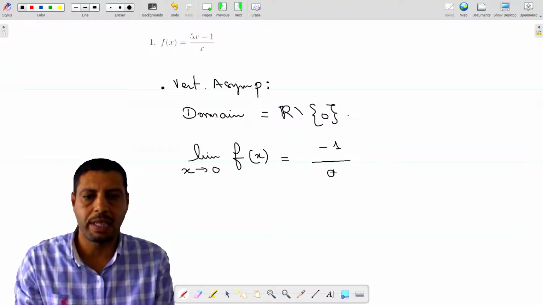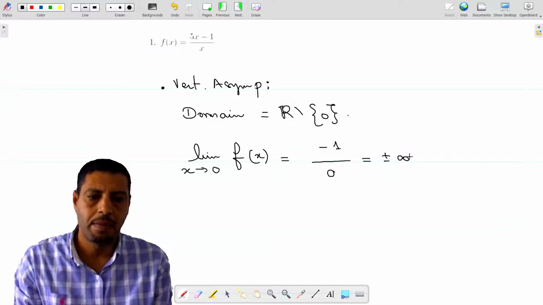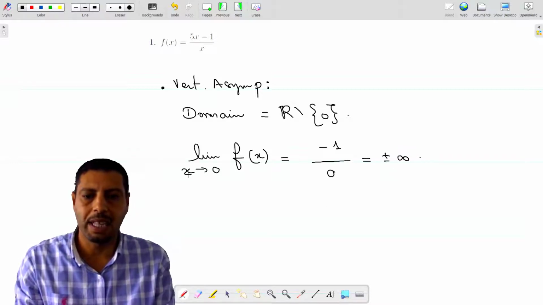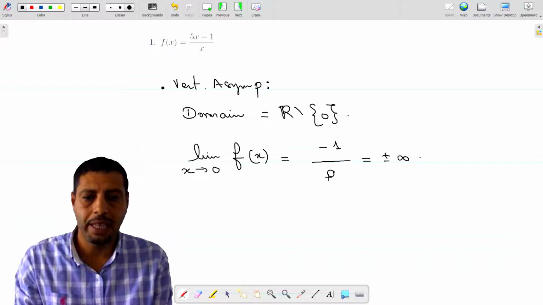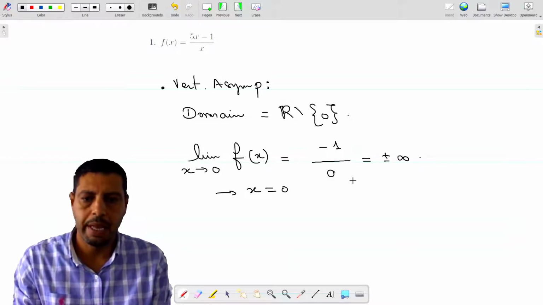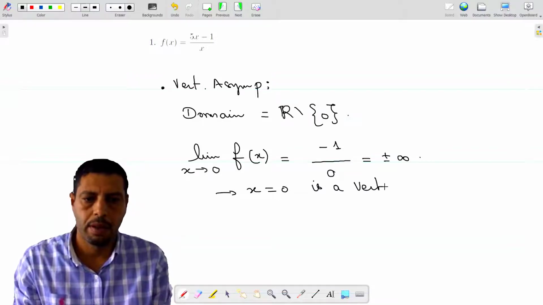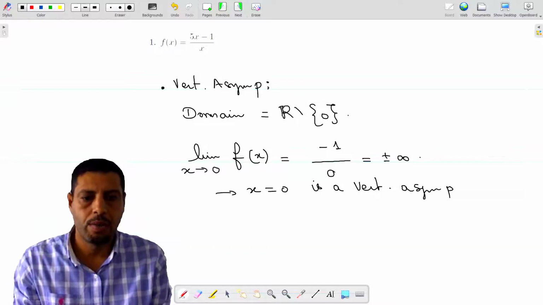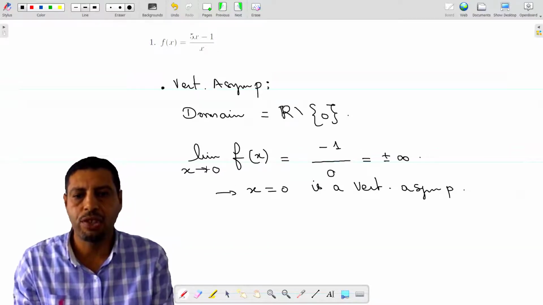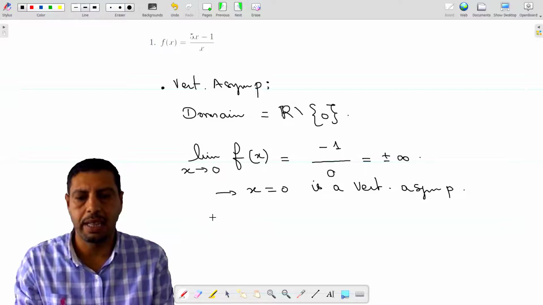Here, it doesn't matter if it's 0 plus or 0 minus, since you are sure that this limit, which is a constant over 0, will give you an infinite limit, plus or minus infinity. Since the limit at the point 0 is infinite, then you conclude that x equals 0 is a vertical asymptote. Okay? If you have more than one point where the function is not defined, you have to check all your limits at these points.